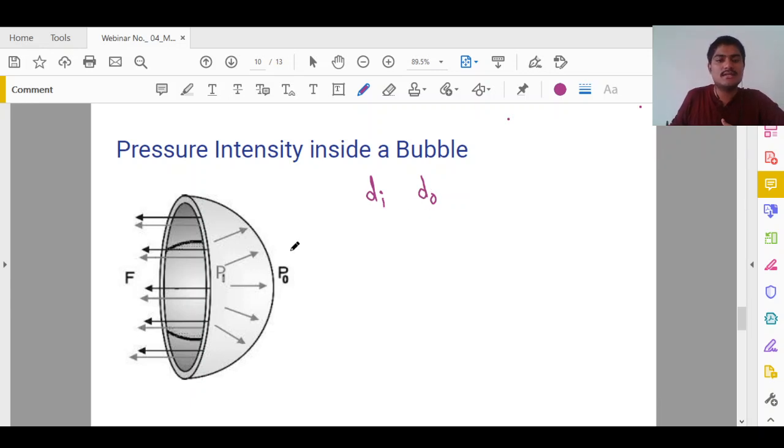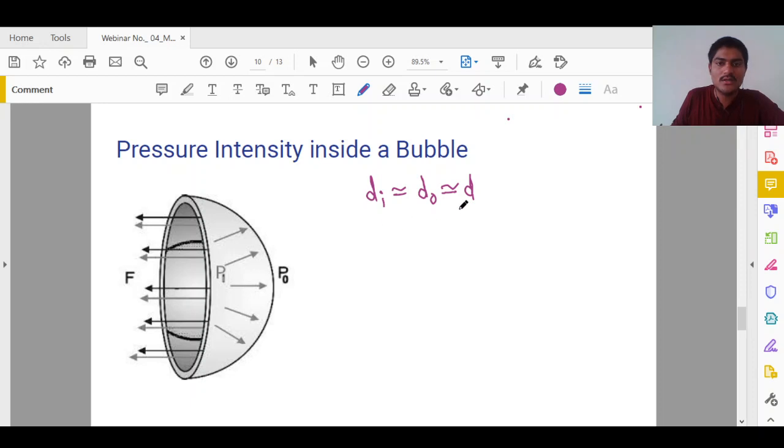Since this is a bubble with two films, we can write di approximately equal to do, that is the outer diameter, and simply rewrite it as d. D is the diameter of the bubble.